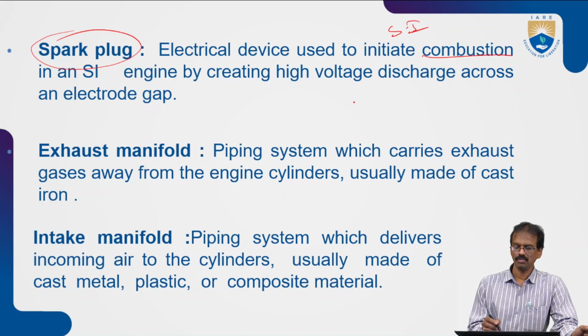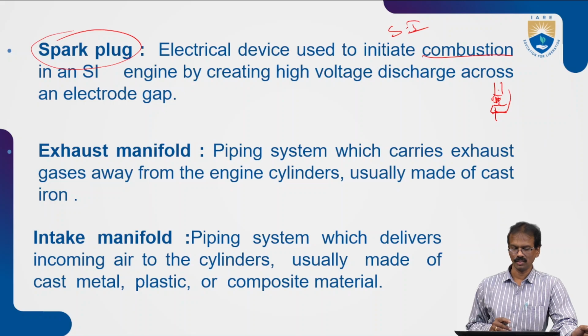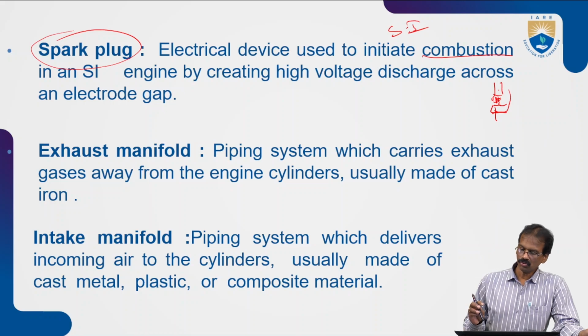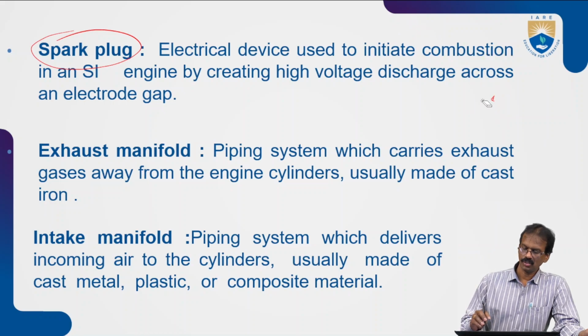It creates a high voltage discharge from the inner electrode to the outer electrode. This is the outer electrode. The space is ionized, and when the charge passes from inner to outer, a spark is created. That spark helps ignite the charge in the combustion chamber. Next one is the exhaust manifold.